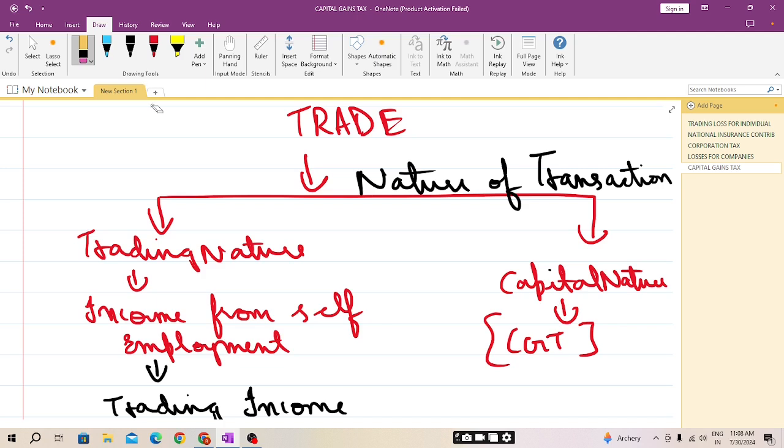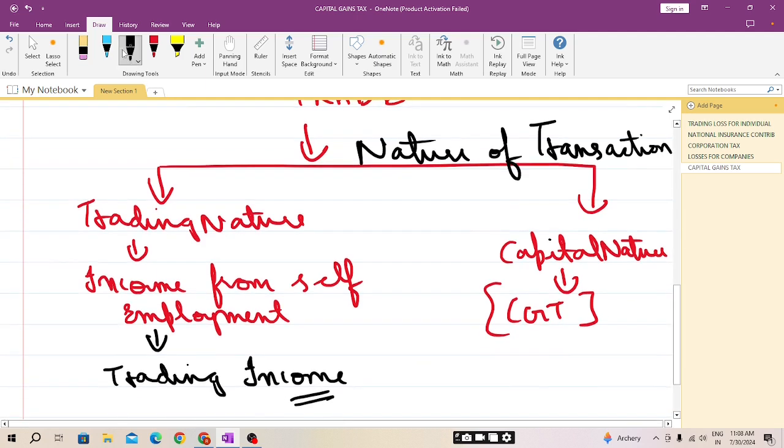Now we will be covering the rules for the CGT topic.